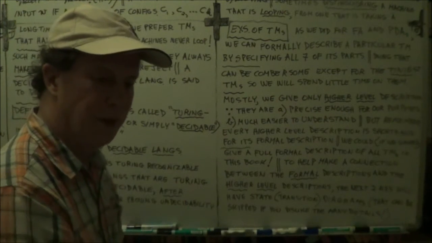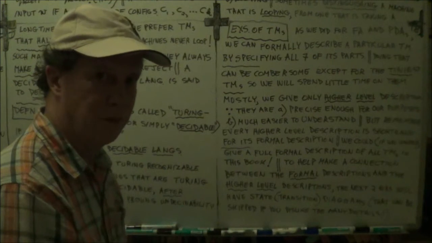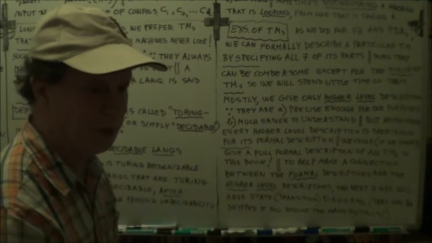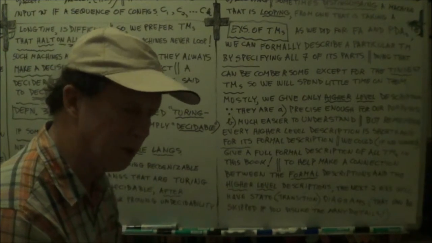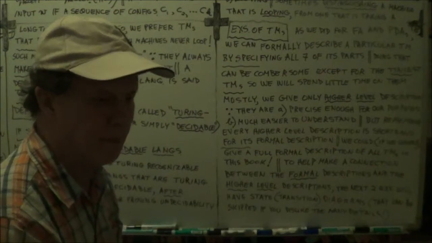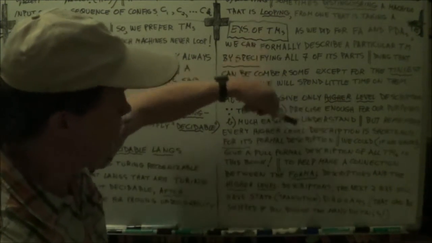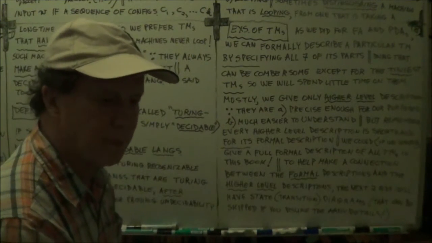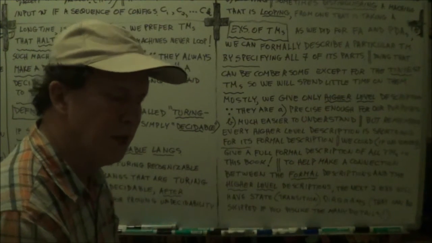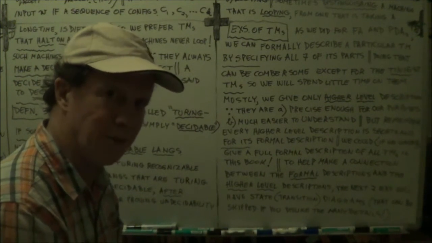Of course, the hardest part is the transition function, as always, the delta. For a Turing machine, that's where all the work lies. It's tedious, it's cumbersome. So in practice, a full description tends not to be done, because there's just so many details involved.